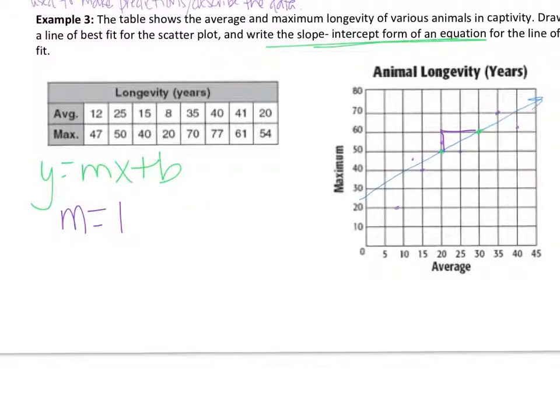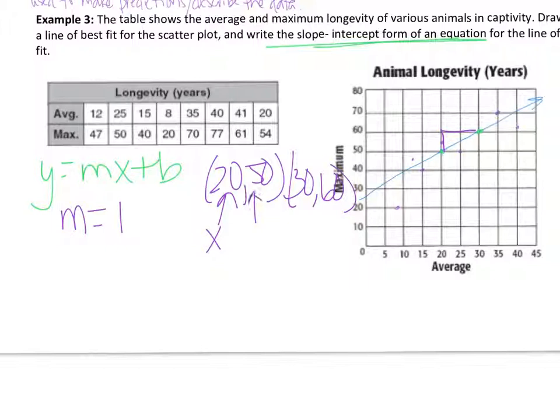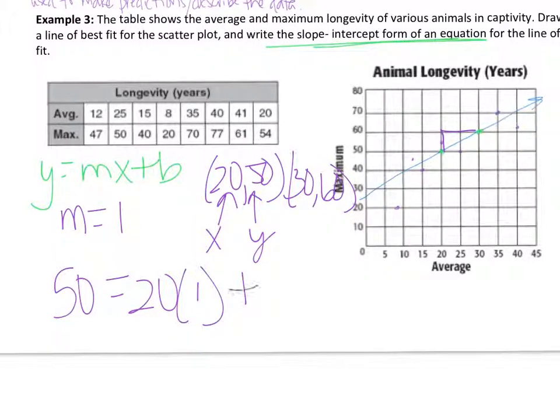And now I'm going to use one of my points. So I should write my points down. What did I say? It was (20, 50) and (30, 60). And again, you could have 2 different points. So I'm going to use my x and my y here to plug it into the equation. So we'll have 50 is equal to 20 times our m, which is 1, plus b.